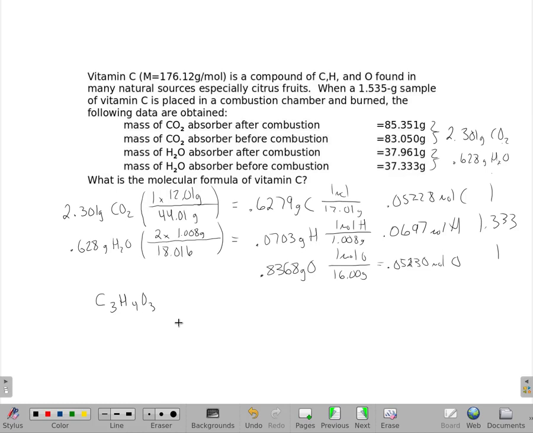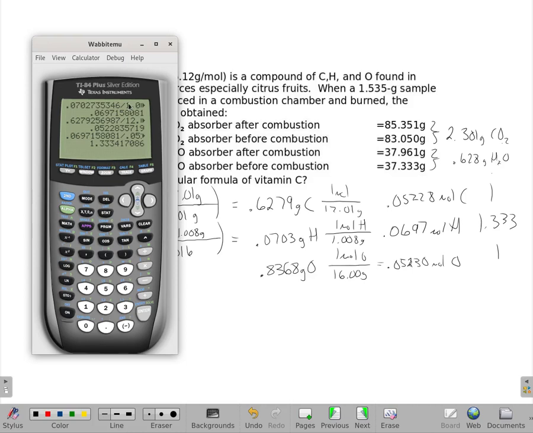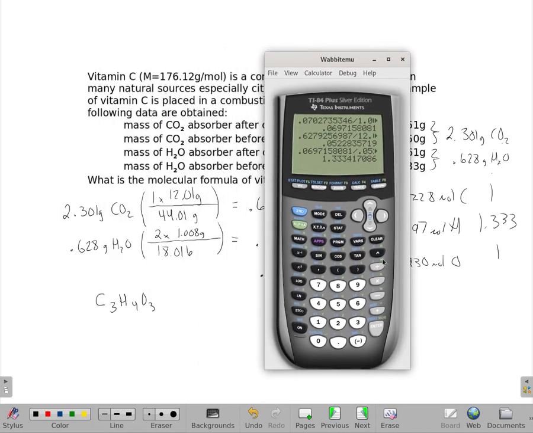All right, that's not necessarily a molecular formula. Could be. We've got to figure out how much it weighs. So I'll do this in the calculator rather than doing it quickly.